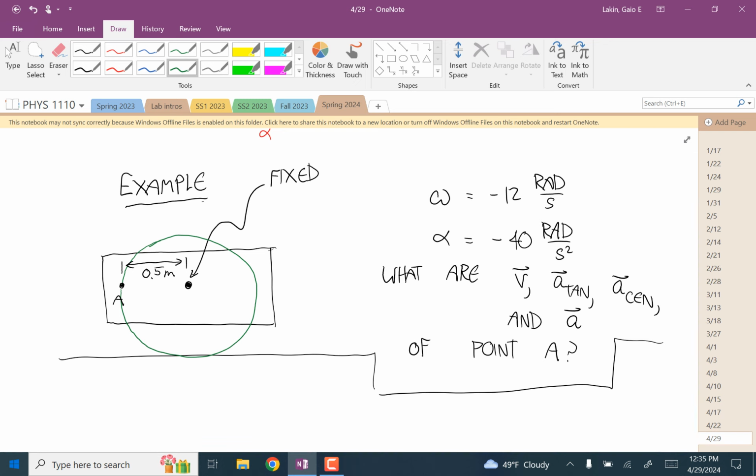The angular velocity is negative, so that's a clockwise rotation. And so the velocity of this point A is in a direction like this.